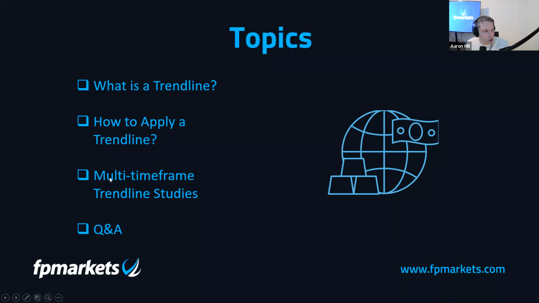And then, similar to my previous presentations where I focus on price action, I will look at multi-timeframe trendline studies, where we combine our knowledge of price action with trend lines and look at multiple timeframes. Following this, we'll look at taking on some questions.